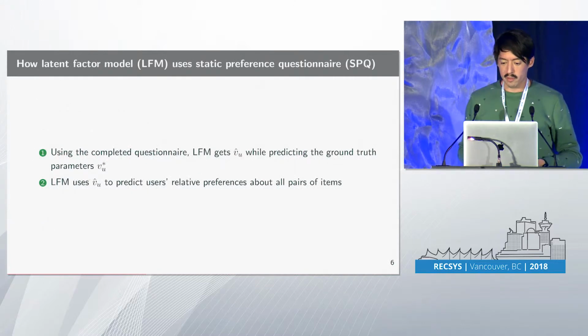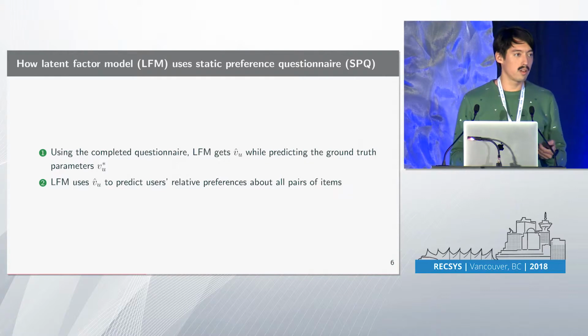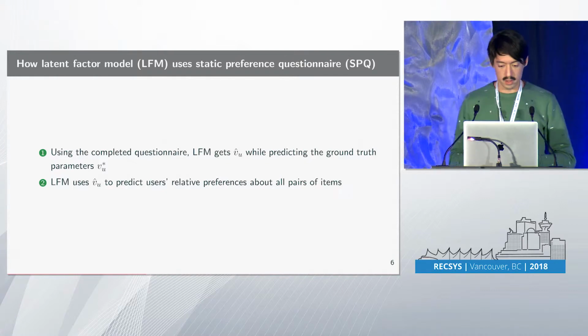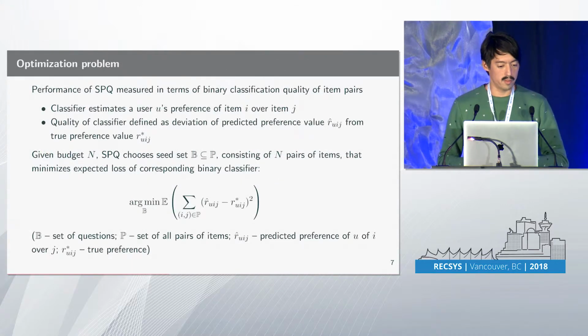Another important aspect of this work is the use of latent factor models. So the authors assume they have a latent factor model that's already trained, and that each rating complies with the noisy model shown in this slide. So I believe that's also quite familiar. The idea is you have a global bias, you have a latent vector for an item, you have a bias for an item which roughly corresponds to its popularity.